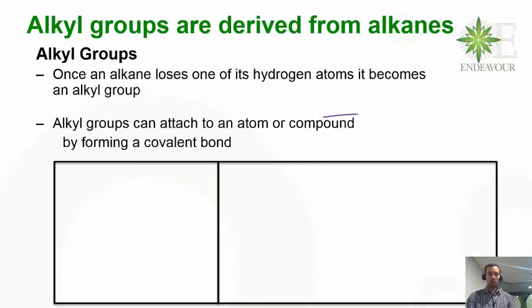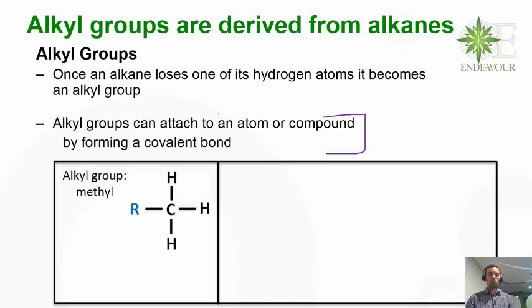So essentially the key characteristic of the alkyl groups is that it can attach to something else. It's got a spare bonding position, so it can bond to something else. This can be an atom or a group of atoms in a compound that it might be able to form a covalent bond to.